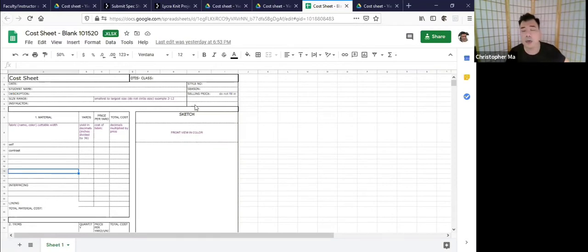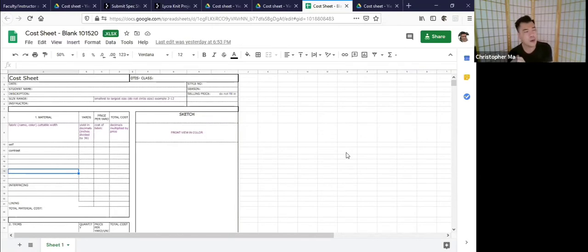So what is a cost sheet? A cost sheet is a form that includes every single detailed cost involved in making one particular garment. So it is important, let's say you are manufacturing or designing, that you record every single thing.